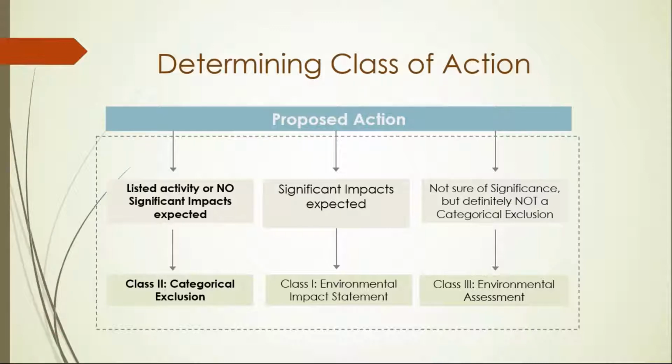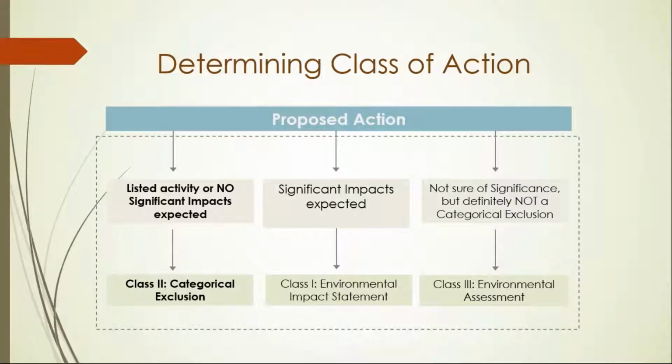In many cases, the determination of significance will be obvious because of the absence of resources or because the proposed action does not impact resources. In other cases, the degree to which the project may affect a resource will need to be considered closely. In Florida, we have Type 1 and Type 2 categorical exclusions.